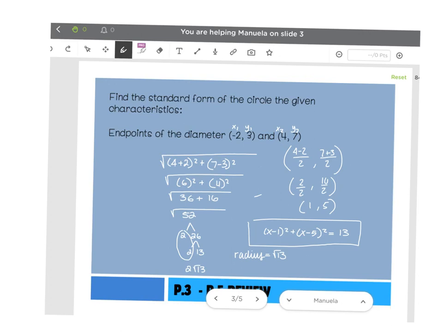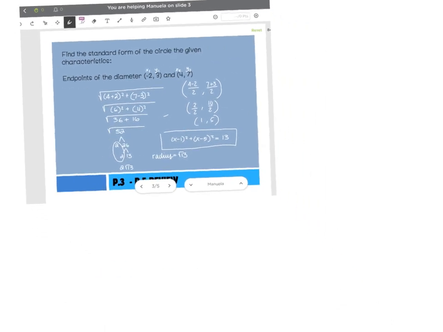The other way to do it is to find the distance between the midpoint and an endpoint. You would have just gotten root 13 that way. And then the third way is to take the x and y, and you could pick either one, and then use (1, 5) as your h, k, plug it into your equation, and solve for r. So that would have looked like this. Let's say I use this first one.